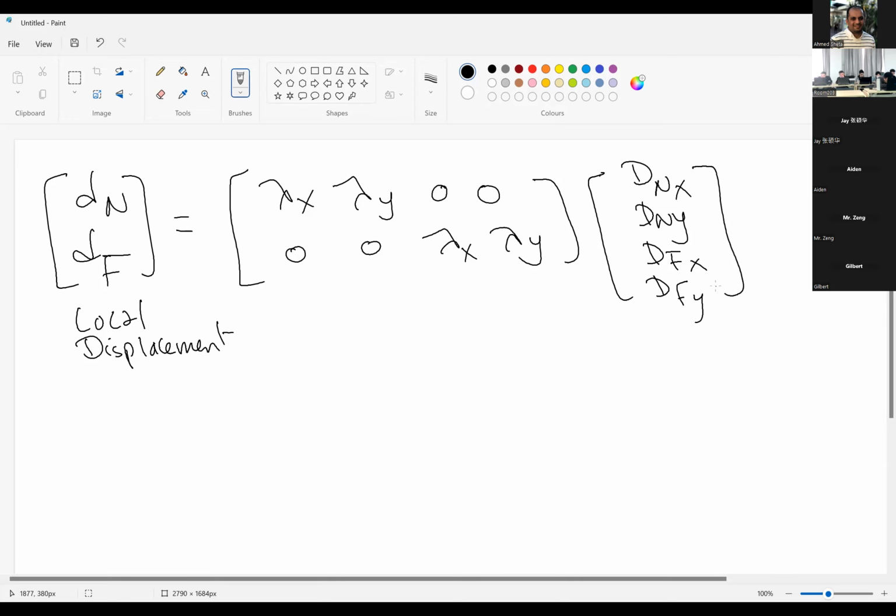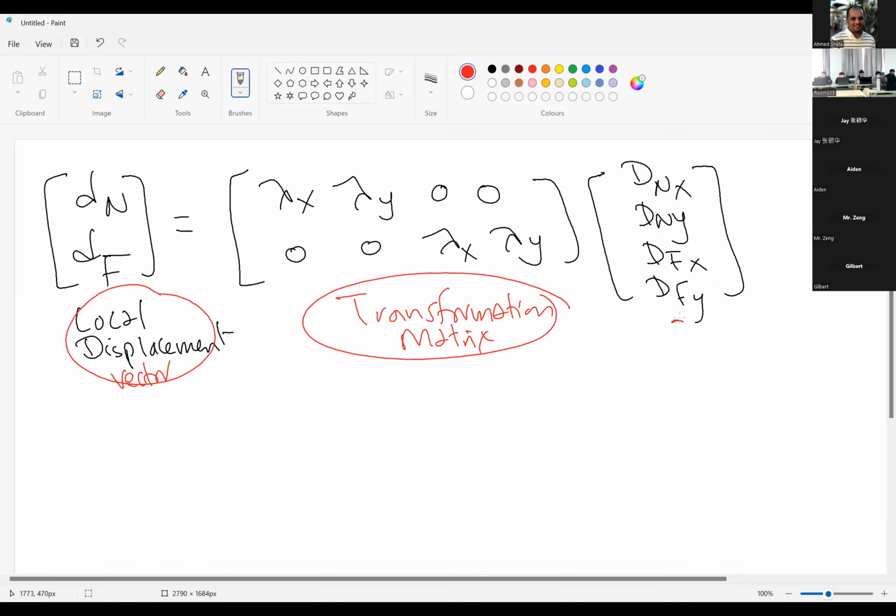The order of these elements is important. This one is the local displacement vector, this is called the transformation matrix, and this is called the global displacement vector.